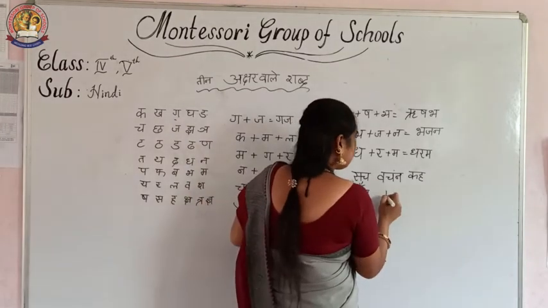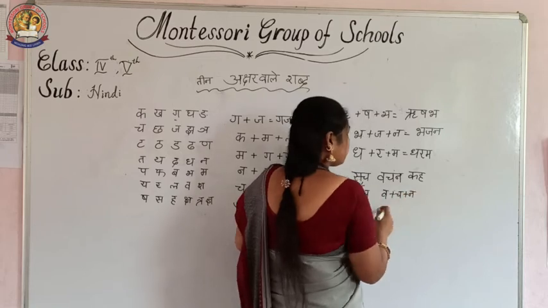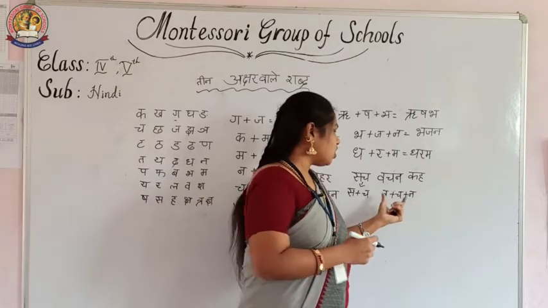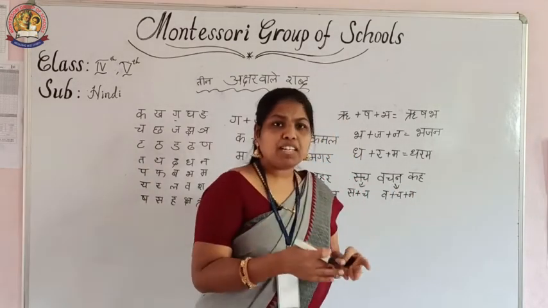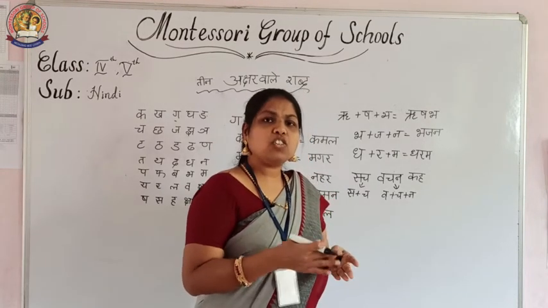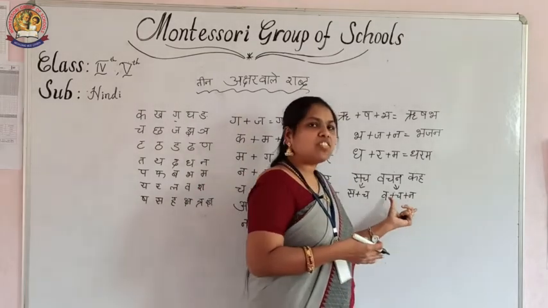Then next, va plus cha plus na. Vachan. What are the letters in this one? We are combining that one only. We are joining the letters to form a word. Then we must take out the sound of that one.